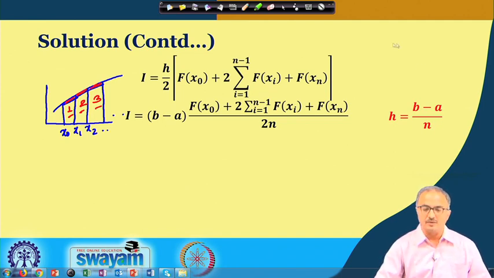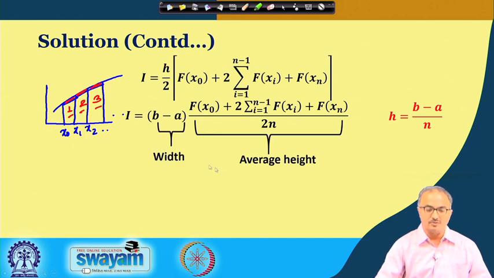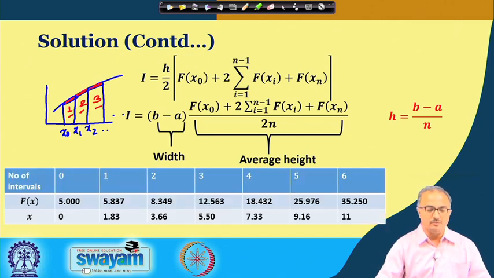Now, after this, what we can see is that, as I said, this is the width of the domain, the total width, and this whole thing is the average height. Okay. Now what we do is that we have all these values of the function at all these 6 points.